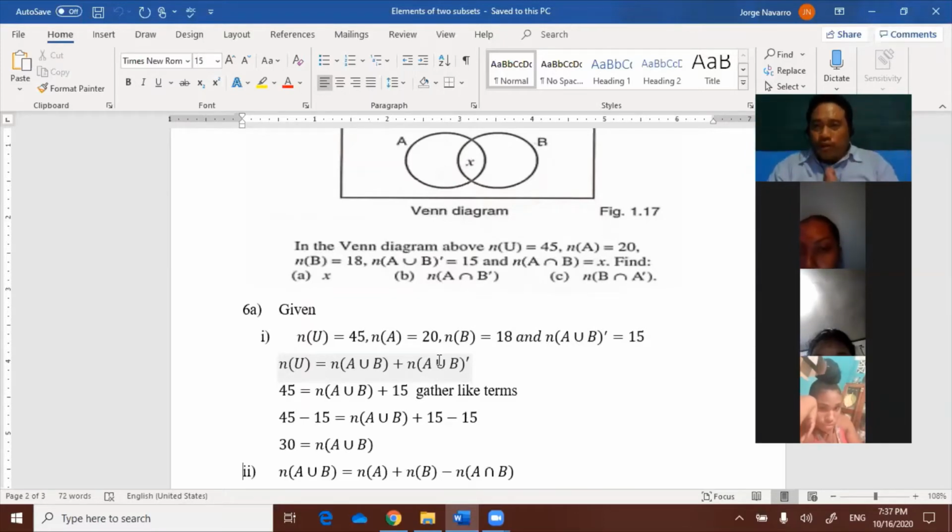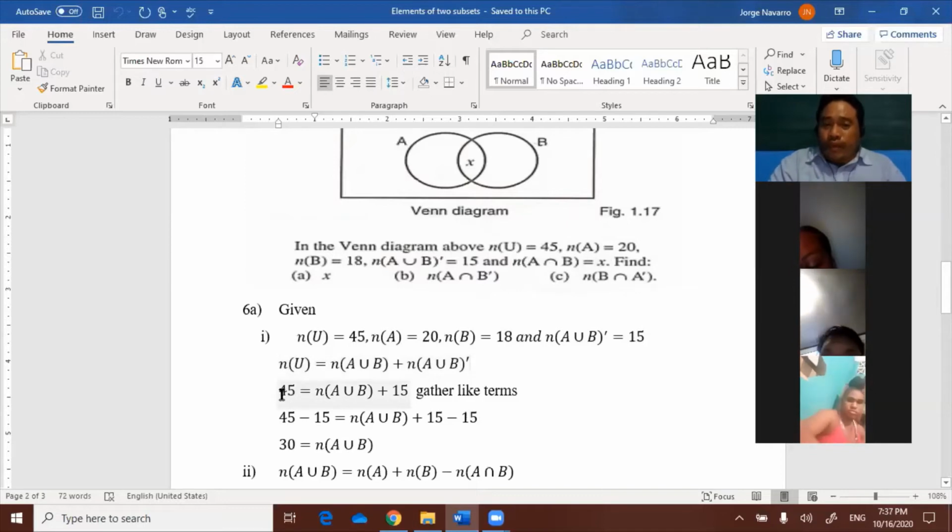So we're going to now use all three formulas. So the first formula, and we use them in order. That's why I gave it to you in that format. So the first one says the number in the universal set equals the number in A union B plus the number in A union B all complement. In other words, everything outside the circles.